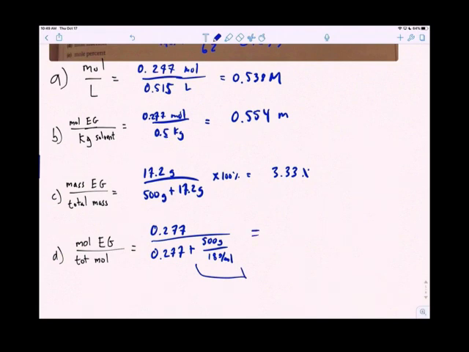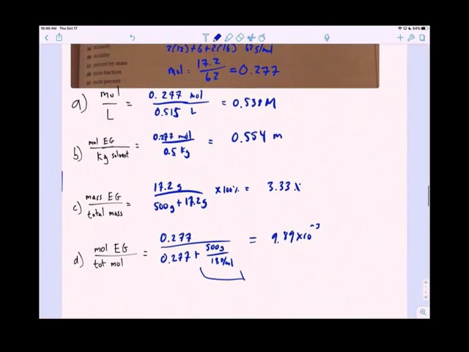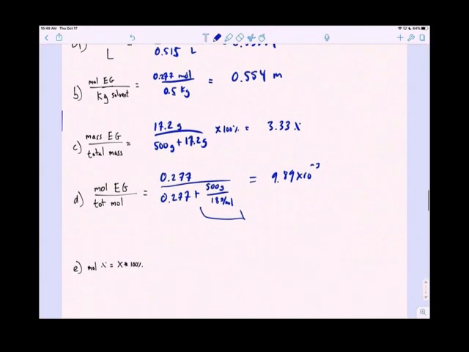Putting that all together is going to be 9.89 times 10 to the minus third. Mole percent is just the last one times 100. So the mole percent is 0.989%, because it's just this number times 100. Okay.